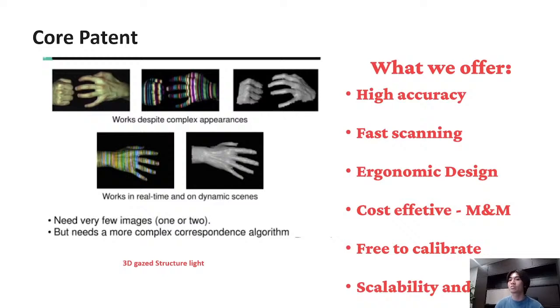So it means we develop an advanced algorithm that optimizes hardware performance, significantly reducing manufacturing and maintenance costs. It also enables the device to be free to calibrate, and we have such a strong development team that I am confident we will offer you great scalability and service in the future.